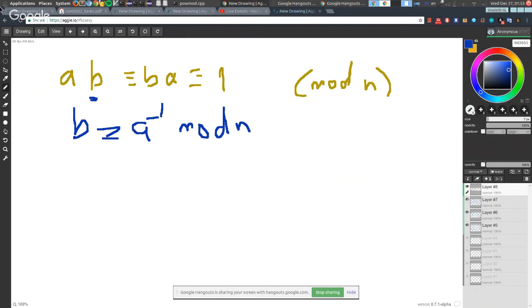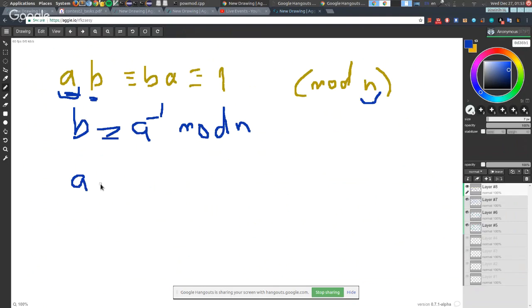So there are two ways of finding this. I will explain the more general way first. We start with a and n; those are our input. We have Bezout's identity.